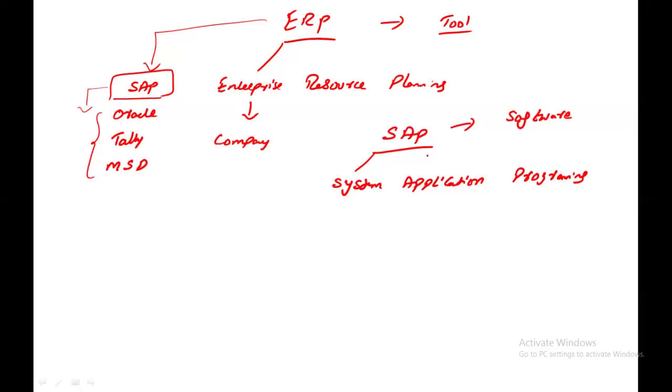Okay. So why did this SAP get started? We had Oracle, we had Tally. Before Oracle, before Tally, we had the main planning tool, which is Excel, which we still use. When we have so many tools, why did SAP get started? SAP got started to protect the data. If you keep the data in Excel, the data might get crashed.